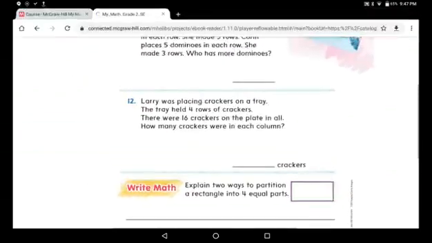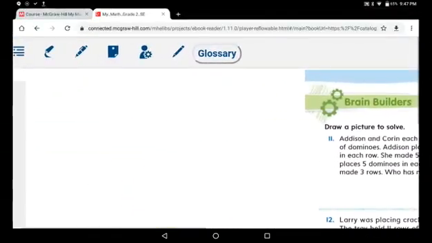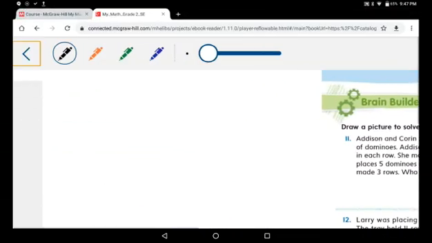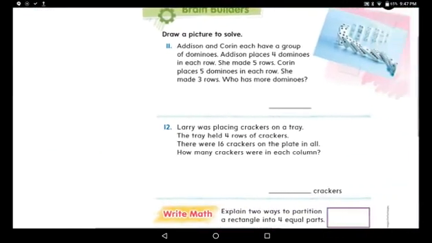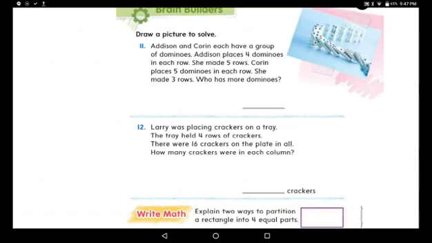Now, sweetheart, go to the last question we'll solve together. Last question, a really smart question. Draw a picture to solve. So the first thing, they helped me to draw a picture to solve. Addison and Corinne each have a group of dominoes.